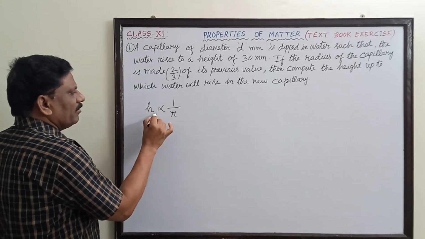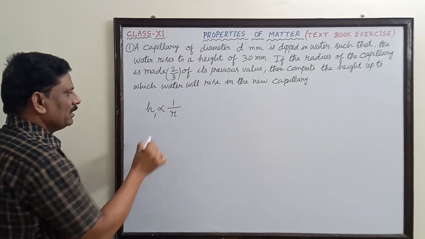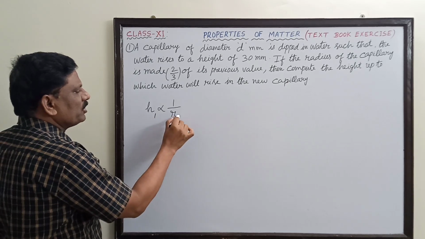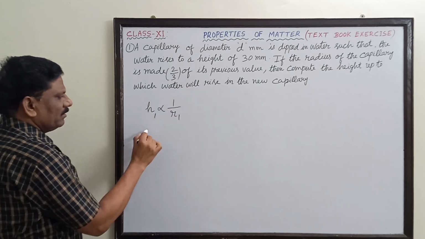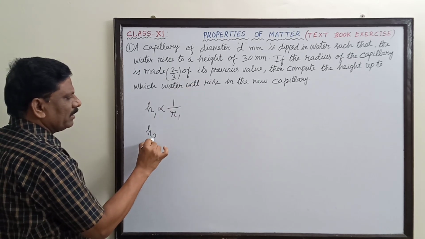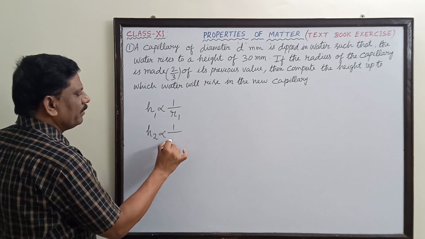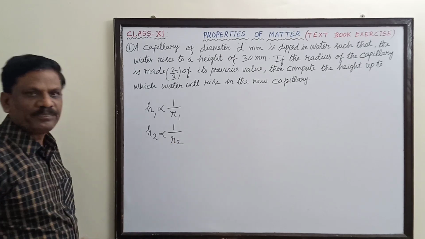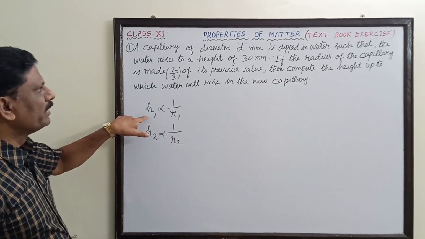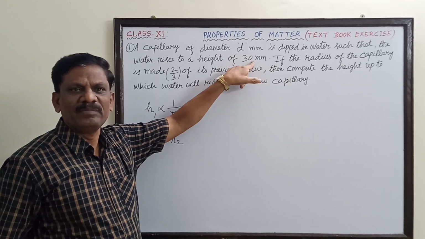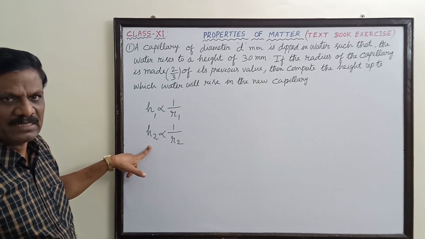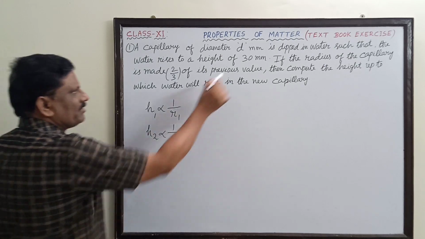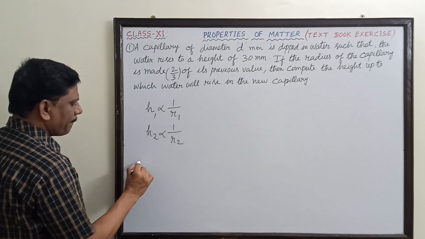So for the first capillary, H1 is proportional to 1 by R1, and for the second capillary tube, H2 is proportional to 1 by R2. Now H1 is given, H1 is 30 millimeter, and H2 has to be determined. First we will write the given quantities.